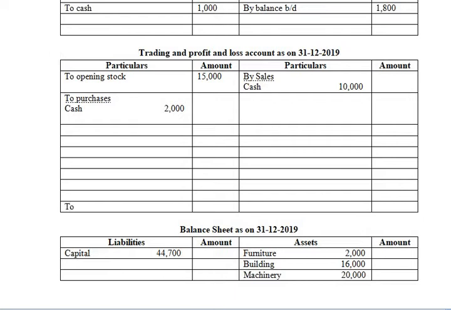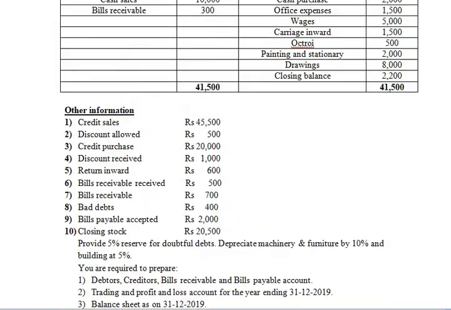To office expenses, and what's the amount? 10,000, no, I'm sorry, not 10,000, 1,500.